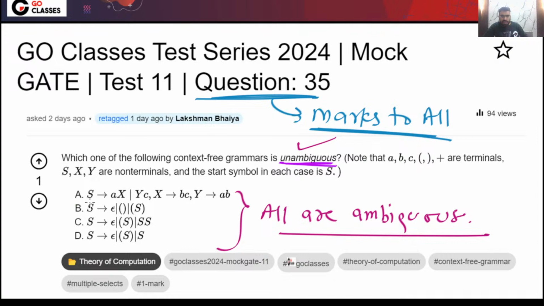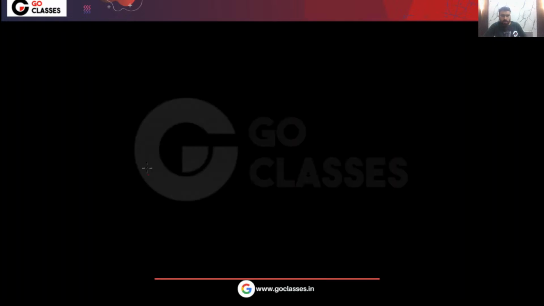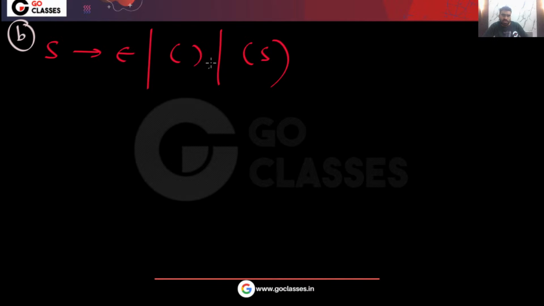This grammar is ambiguous. What about option B? Option B is saying S deriving the empty string, or this, or this. Now in this you can easily see, look at this string W equal to, look at this string. This string you can derive in two ways. One parse tree is where you just directly derive.